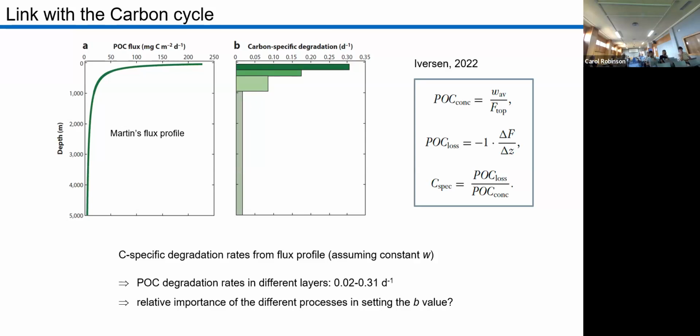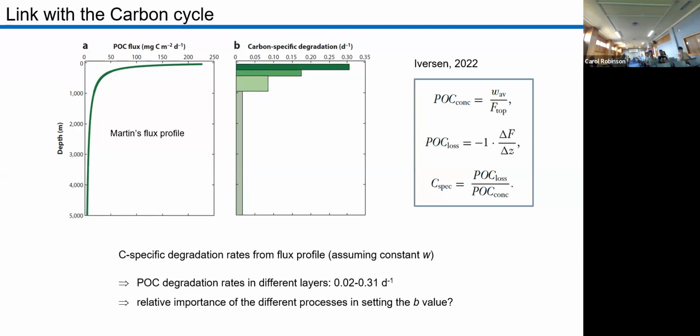I won't detail this equation, but you have to assume a constant sinking velocity. From the flux, assuming a constant sinking velocity, you can get a concentration in particulate organic carbon, and then you can get particulate organic carbon loss rates, and at the end, with this equation, you can get these carbon-specific degradation rates.